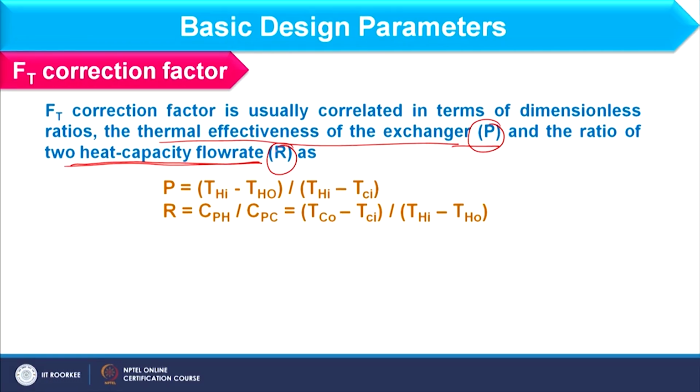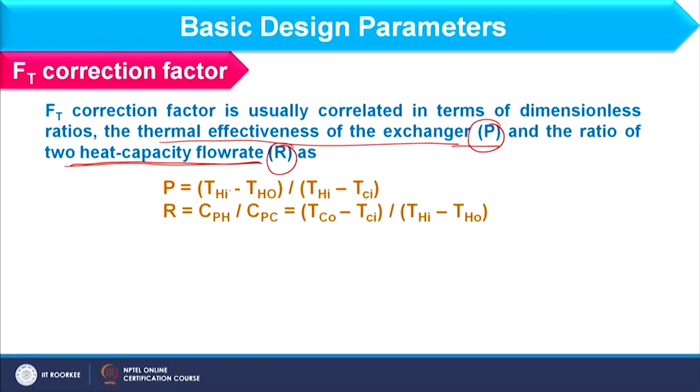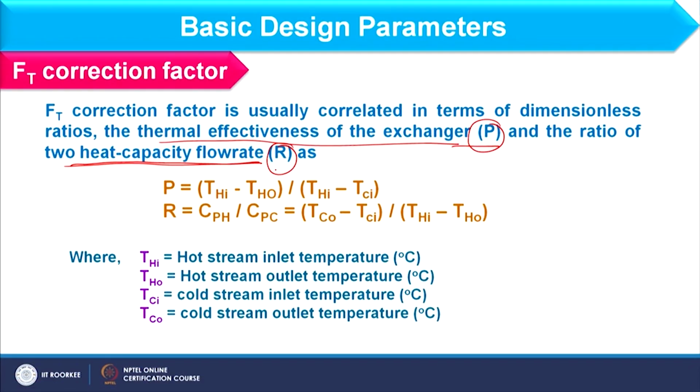So, obviously it will depend on the temperature difference. The expression of P is basically THI minus THO, divided by THI minus TCI.